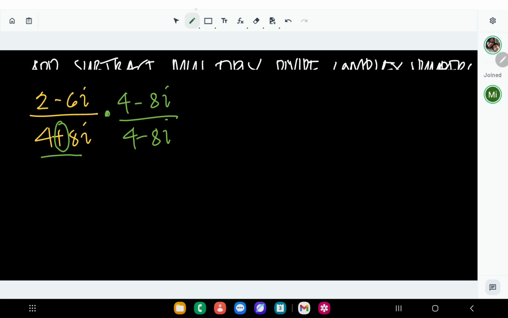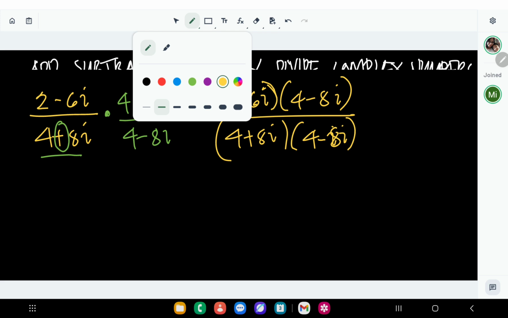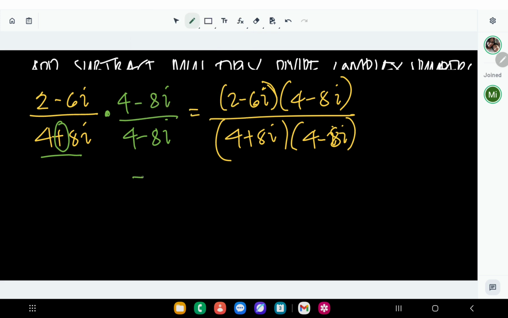So this would become 2 minus 6i times 4 minus 8i over 4 plus 8i times 4 minus 8i. Then you FOIL this. So this is 2 times 4, which is 8.